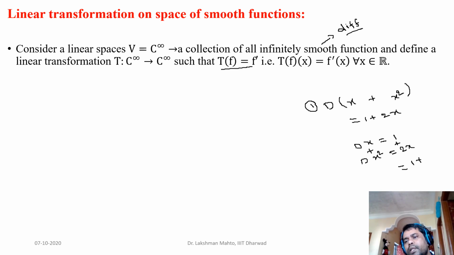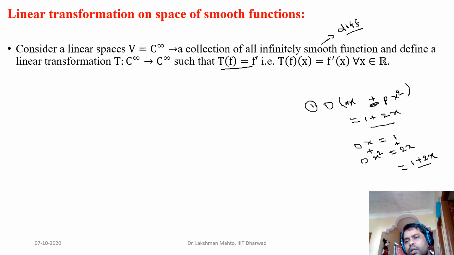So it simply says that whether you do the derivative before addition or after addition, the result is the same in both cases. That's why derivative is a linear operator. It preserves linearity, that means it preserves linear combination. If you take alpha times and beta times, there would be no issue.